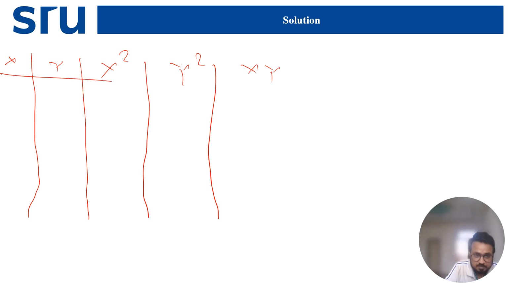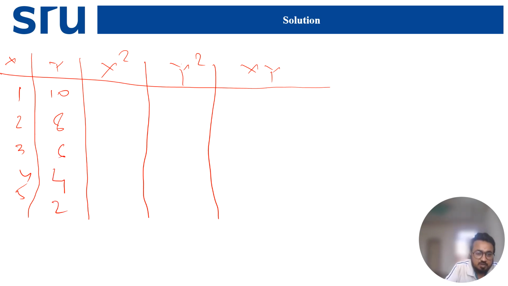Okay, so this is what? 1, 2, 3, 4, 5, right? And corresponding to the value of x, the y is what? 10, 8, 6, 4, 2.